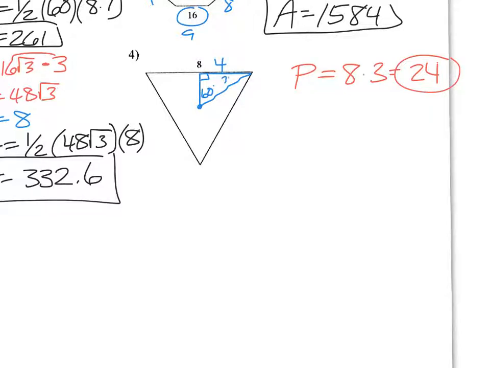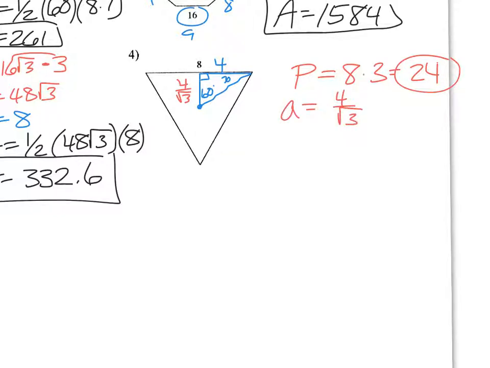This is 30. So I need to find the apothem, which is the short leg. So to go from long to short, I get smaller, therefore I divide. So this is going to be 4 divided by square root of 3. So that's my apothem.